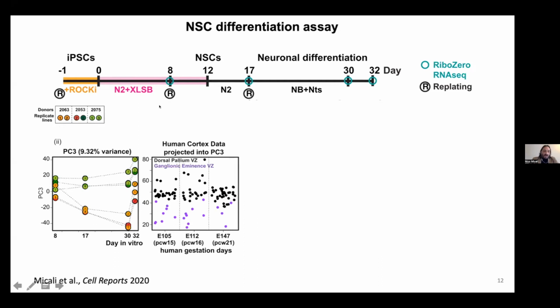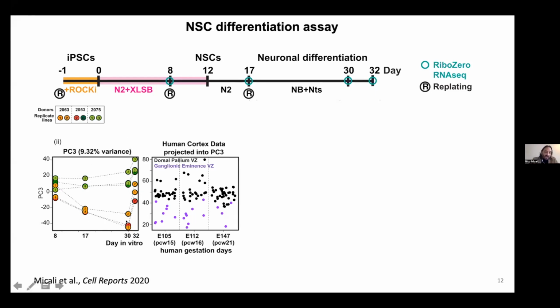So here again, we performed bulk RNA sequencing at different steps of this time course, and the analysis here is a principal component analysis and a projection using human cortex data also from Elaine's team. We could see that 3 of these lines, here in green, were biased towards dorsal telencephalic neuronal lineages.